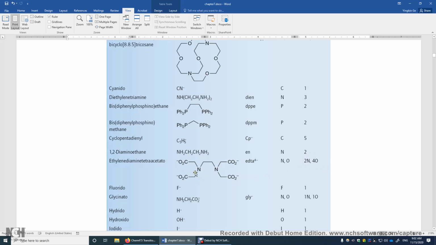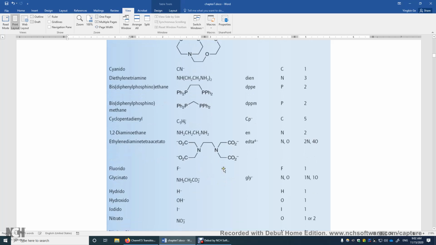So this single ligand can have 6 points of attachment to the transition metal center. And again, I just want to remind you, this is just a 2-dimensional picture of this ligand. Later I will show you the 3-dimensional structure.